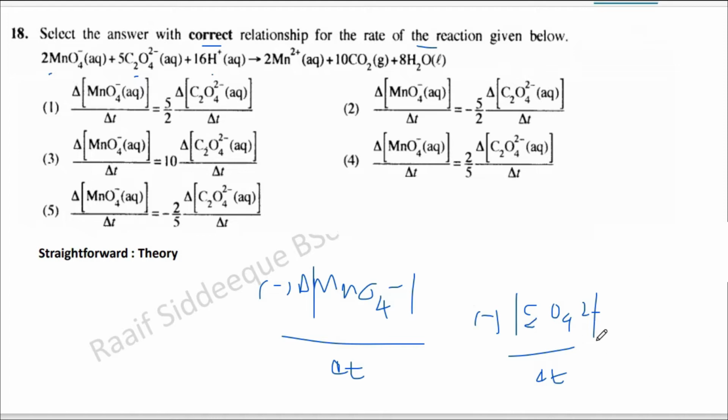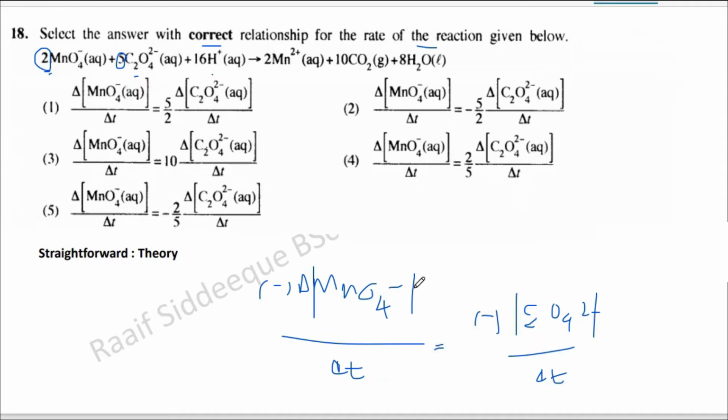But when you want to compare this rate between these two, as I told you before in many cases, you have to consider the reciprocal of the stoichiometry, right? Because you can imagine when 2 moles of MnO4 minus is consumed, 5 moles of C2O4 2 minus is consumed. So you cannot just equalize these two.